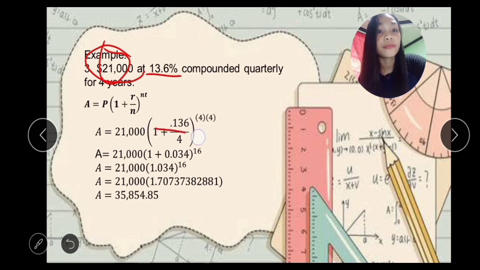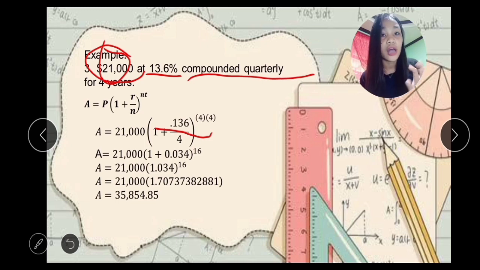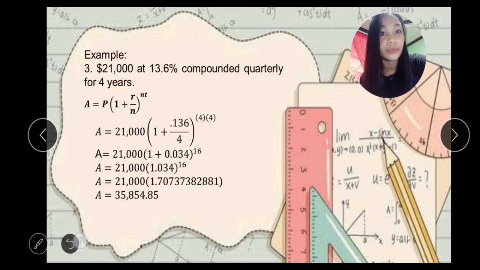0.136. And our n, the number of times per year, is 4 because it is compounded quarterly, apat siya nangyayari. Our time is 4 years, multiplied by the times per year, 4. So let's solve it. First we solve r over n: 0.136 divided by 4, and the result is 0.034.